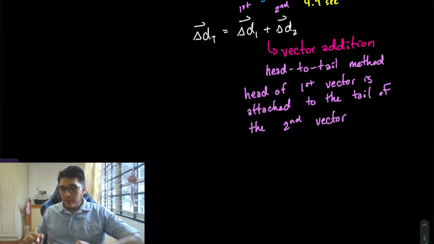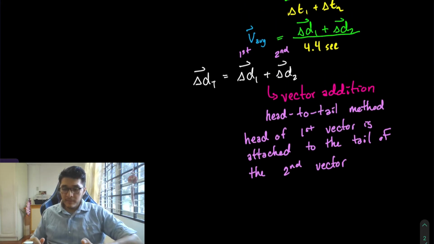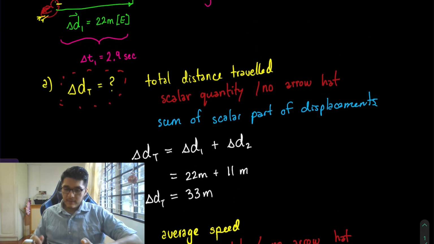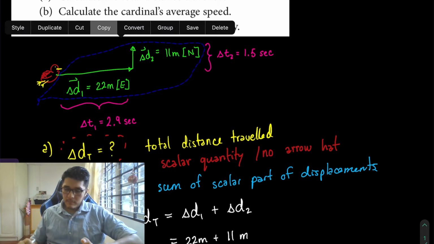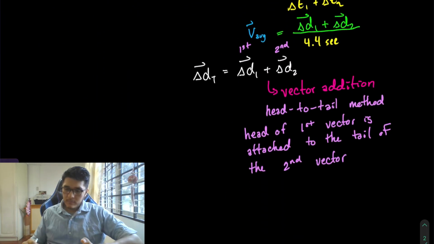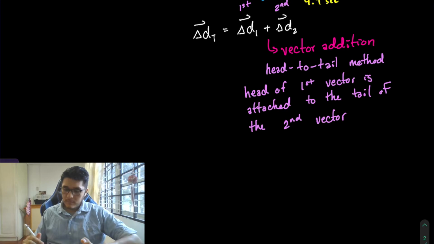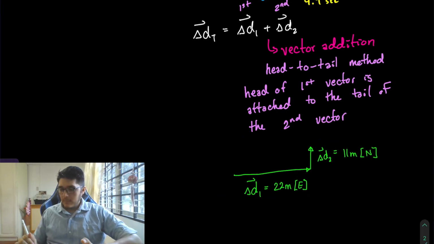So if we follow this vector addition of head to tail, we're going to use our previous diagram. And luckily for us, look at the two vectors. How are they attached already?